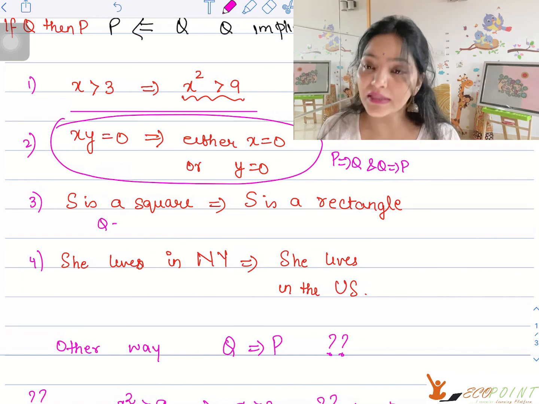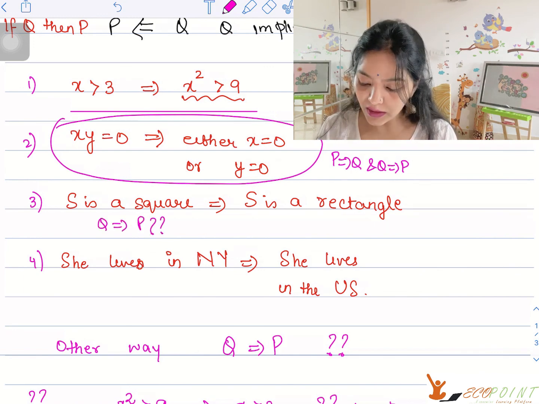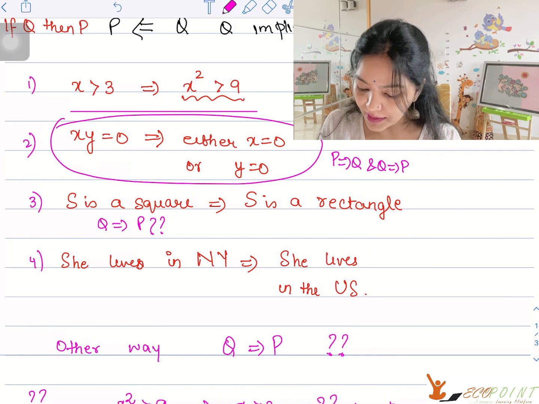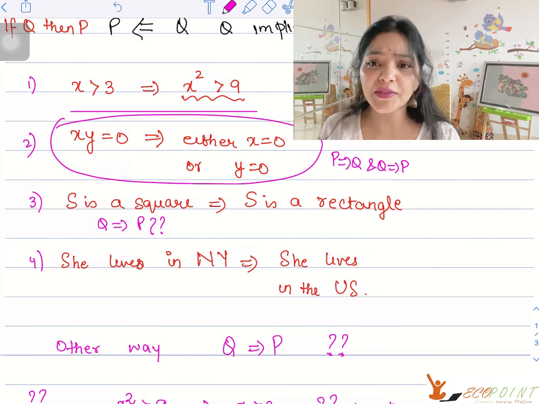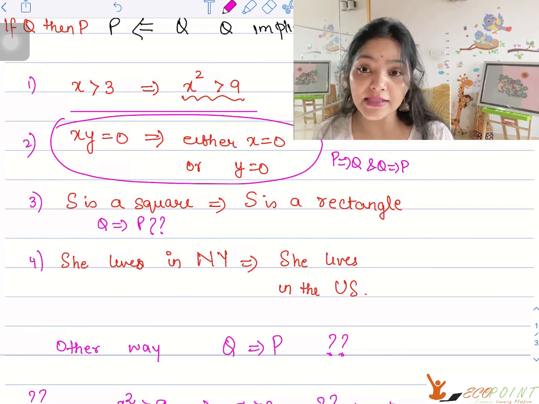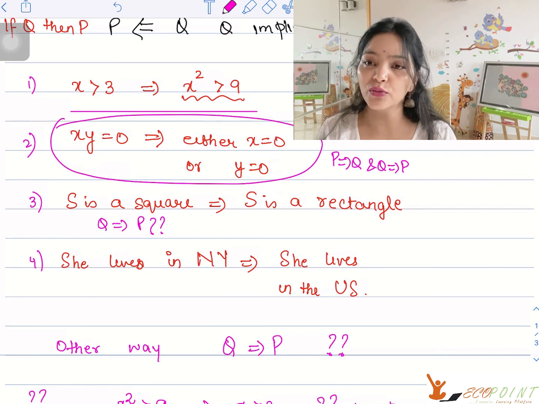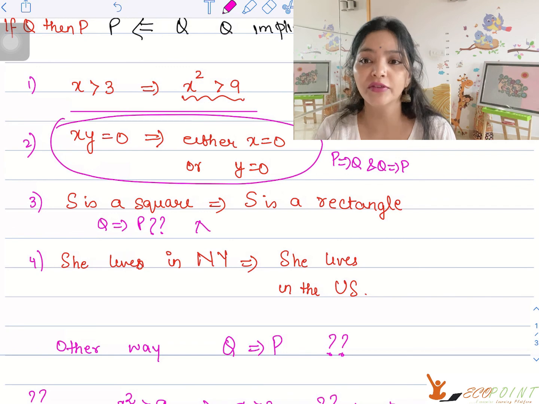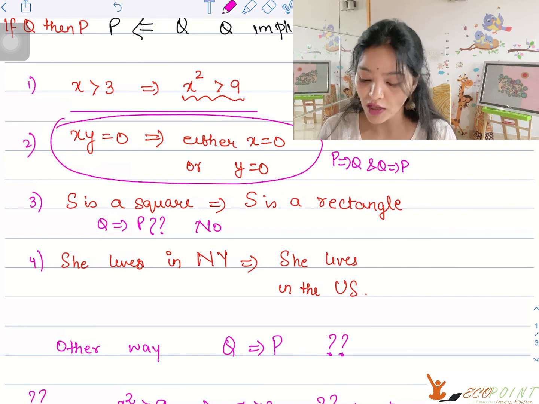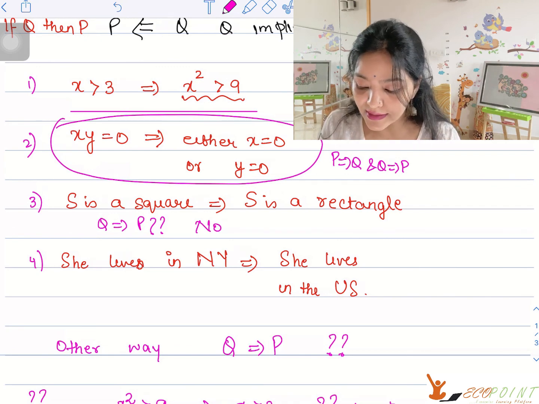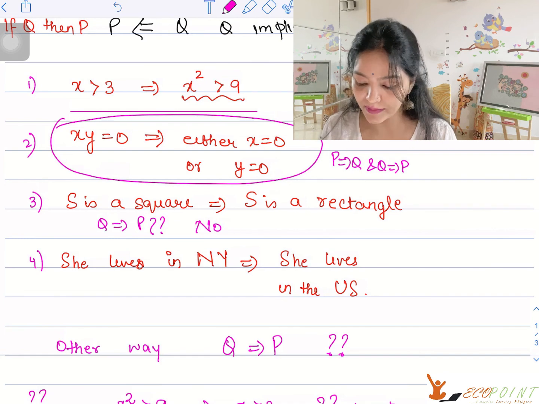What about the third? Will Q also imply P here? Absolutely not. If S is a rectangle, it might not be a square, because for rectangle you do not have the restriction of equal sides. For square you do. So the other way round, it doesn't happen. So this is not equivalent. Also, again, a logical statement.